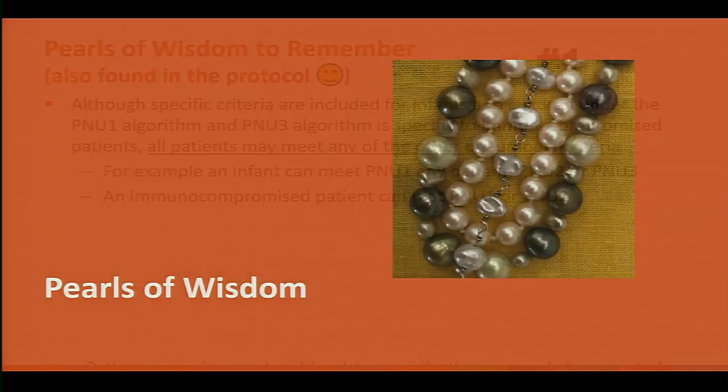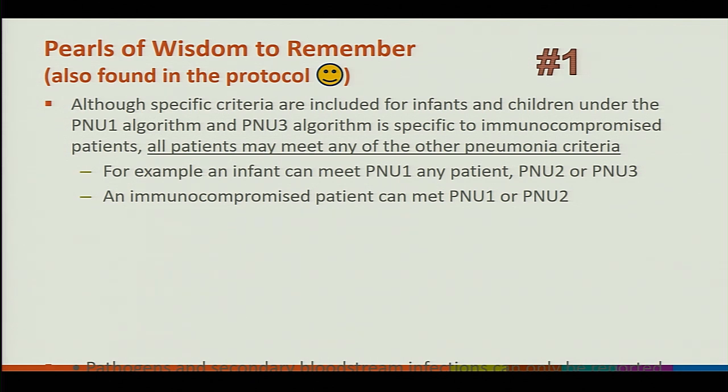So, some pearls of wisdom. And these little pearls happen to be found in the protocol. So, when we're done today, if I have confused you or if you want to read a little bit more about the pearls, rush back to your hotel and whip out your protocol.